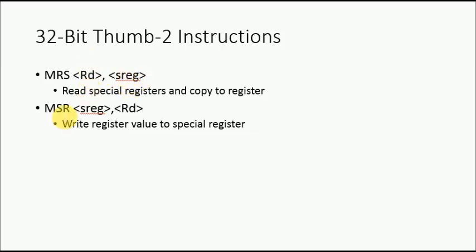The MSR instruction copies the content of a register to the special register. So whenever we want to transfer data from a special register to a register or from a register to a special register, we have to use the instructions MRS and MSR.